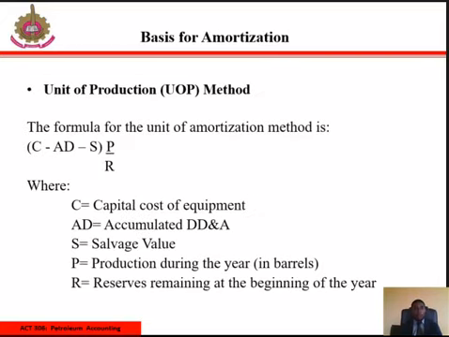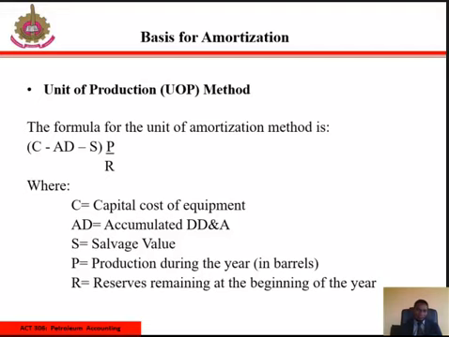Now, the unit of production method has the formula C minus AD minus X, multiplied by P over R. Where C is the capital cost of equipment, AD is the accumulated DD and A, that is the depreciation, depletion and amortization, X is the salvage value, that is the scrap value, P is the production during the year in barrels, and R is the reserves remaining at the beginning of the year.